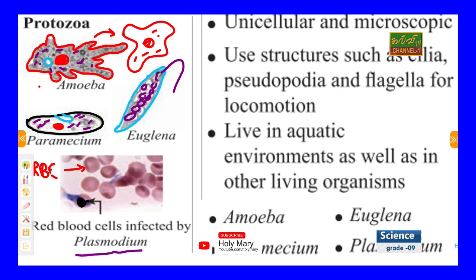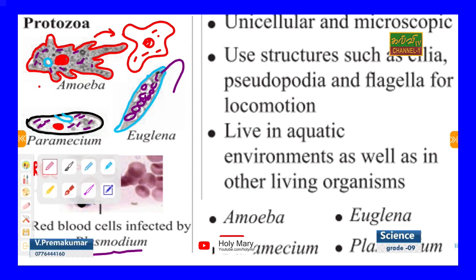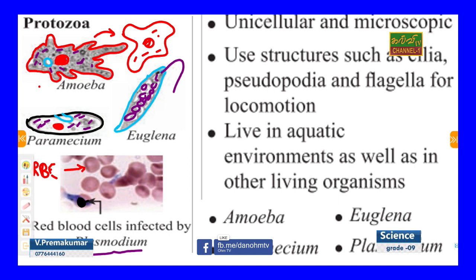These sections are seen under the microscope. Therefore, the black color part is plasmodium. The plasmodium can live inside red blood cells. Therefore, they draw the diagram with red blood cells.